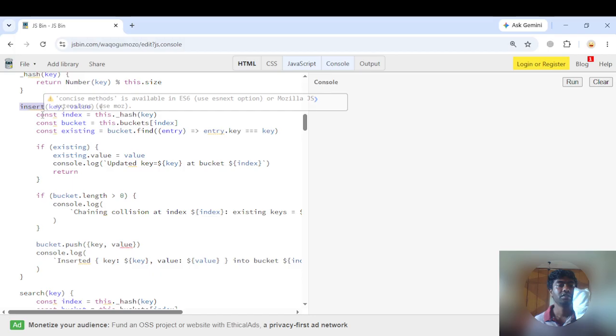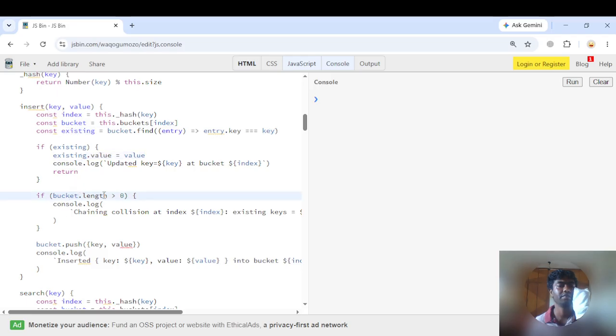So insertion at a specific index: if we hash this index, we get a specific value, and we have buckets, and if it's empty, then insert it.